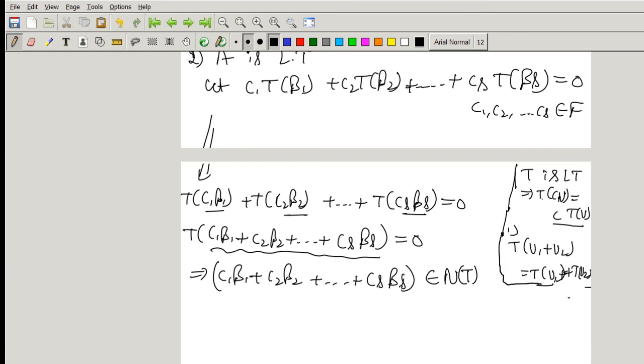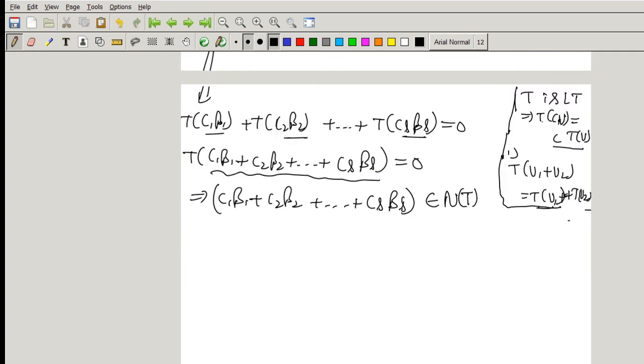N(T) is the null space of T, and it has basis elements.